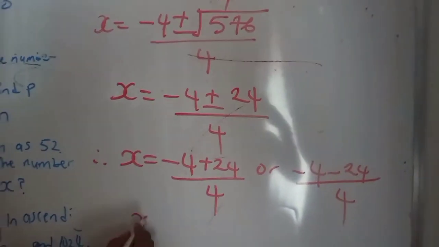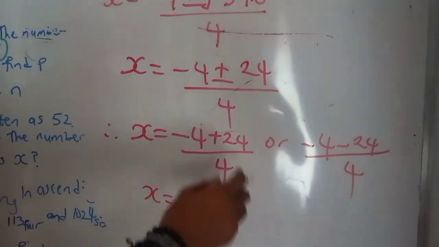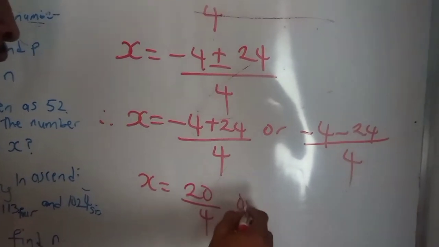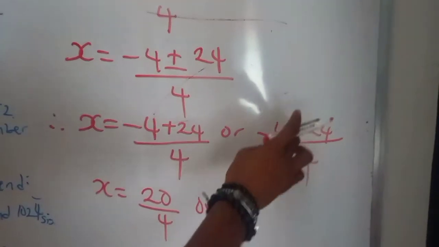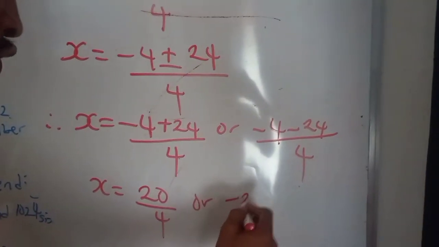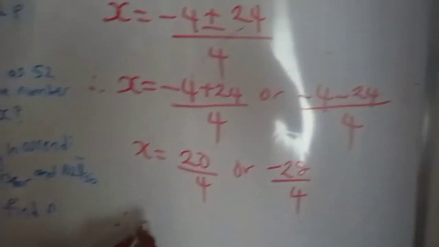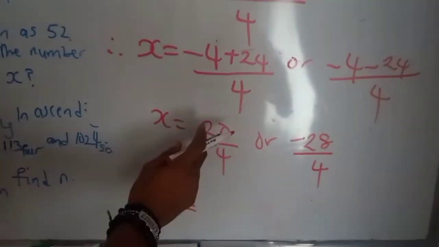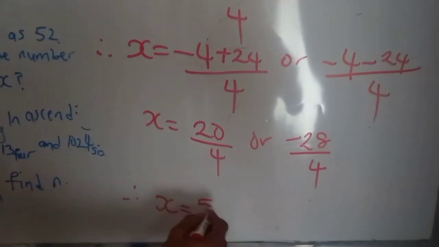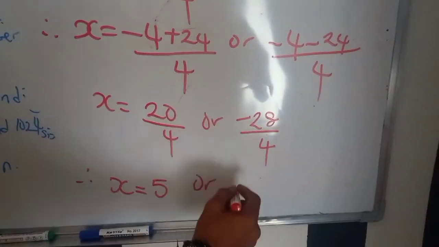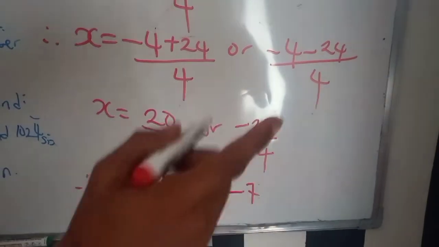Which means that x equals minus 4 plus 24, which is 20, divided by 4, or minus 4 minus 24, which is minus 28, divided by 4. Therefore, my x equals 20 divided by 4, which is 5, or minus 28 divided by 4, which is minus 7. Now, that is very clear, okay?